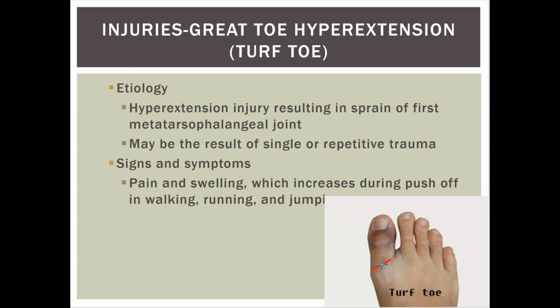Most of the pain for them is going to be on push-off when they're walking, running, and jumping, which is definitely needed when you're doing sports, so it causes them a great deal of pain. There are rehabs that we can do, and also a turf toe taping job that we'll get into shortly.